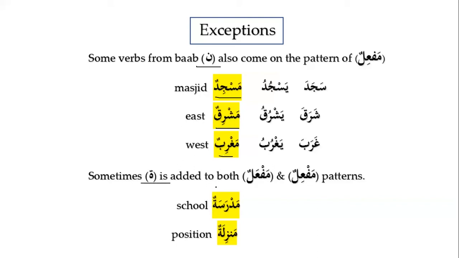Sometimes ta marbuta is added to both maf'alun and maf'ilun patterns. Sometimes, not always. Madrasun, and from madrasun we have madrasatun, which means school. Similarly we have manzilun, and from manzilun we make manzilatun, that means position. Especially when we have ta marbuta on this pattern, like maktabatun, madrasatun, it is a kind of mubalagha, something that is done again and again.